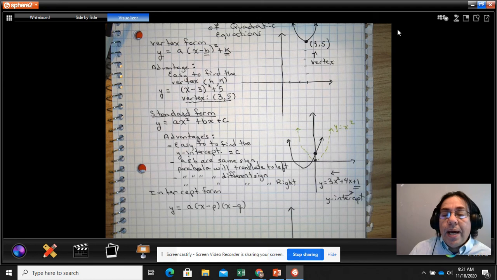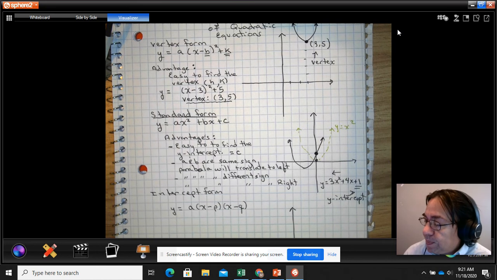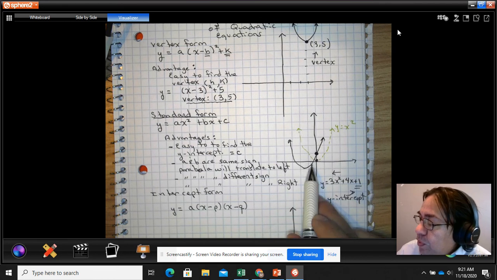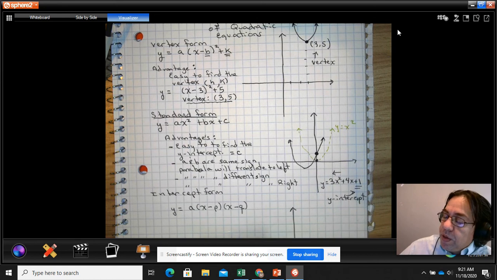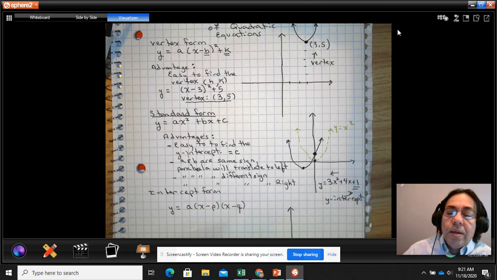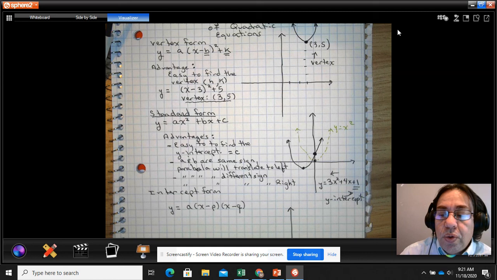But on the ACT exam, that will give you your answer. Or on the SAT, on the GRE, on the standardized exams. Now, if 4 would have been a negative, it would have moved to the right instead of to the left, like it is here. Questions as to what I mean by translating to the left or to the right?